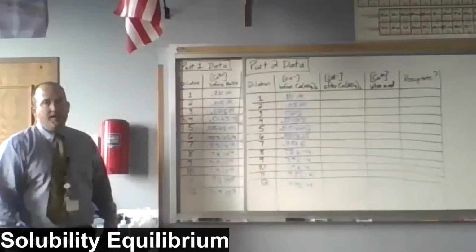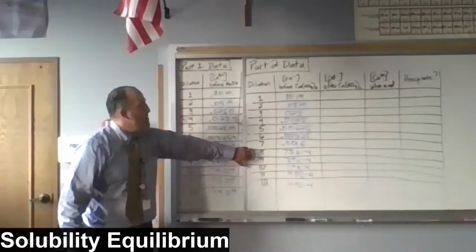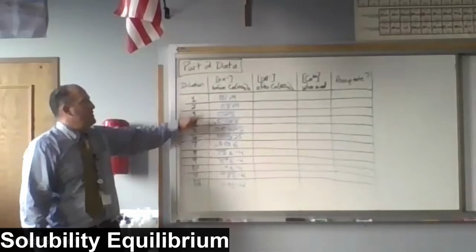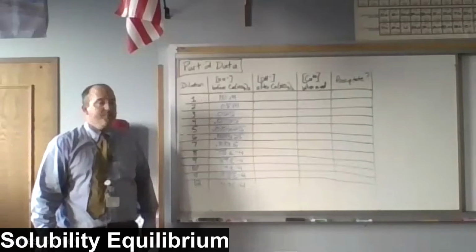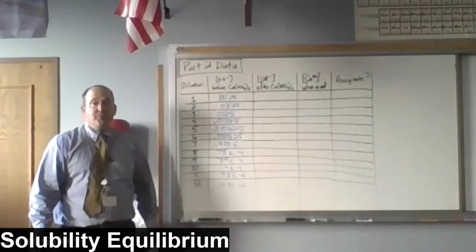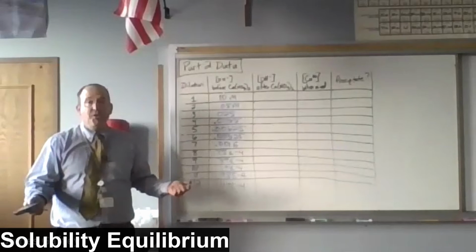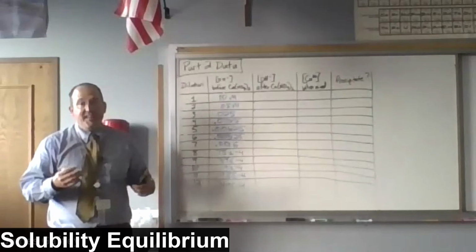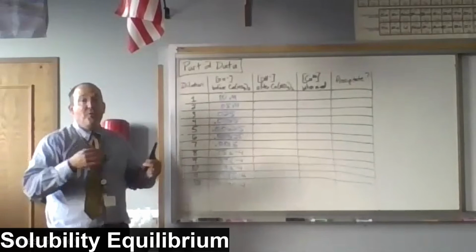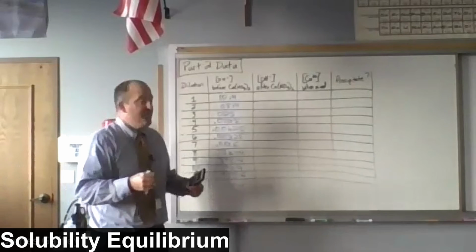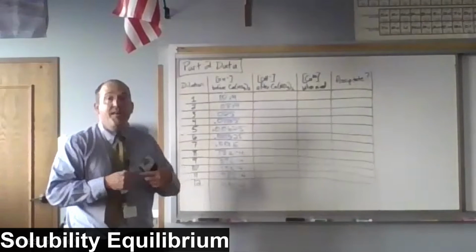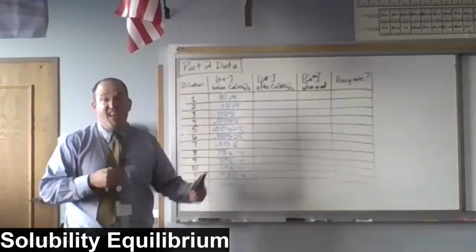That's the concentration of hydroxide before the calcium nitrate solution was added to each well. After the calcium nitrate was added to each well, the volume doubled while the amount of hydroxide ions stayed the same. So once again, we would divide by 2 to find the concentration of hydroxide in each of the wells after mixing.